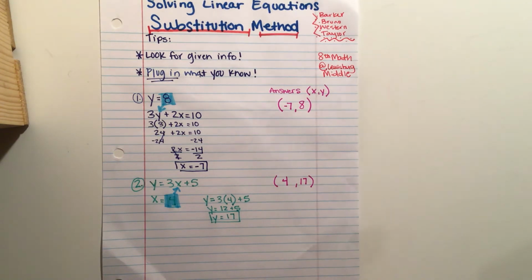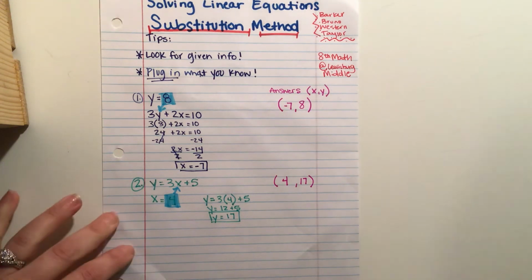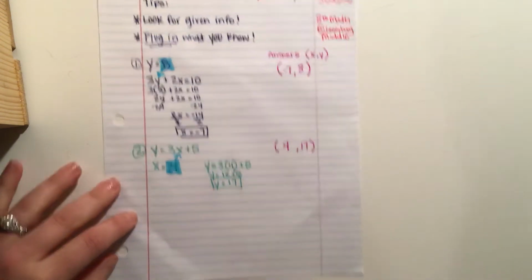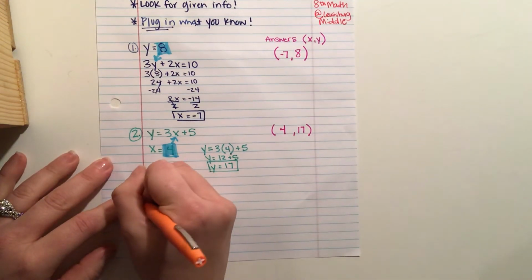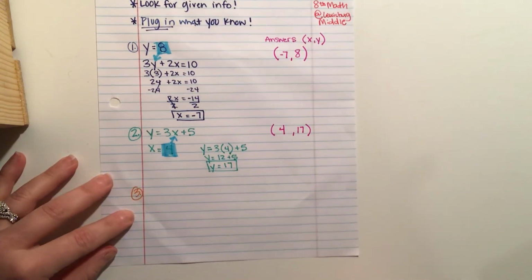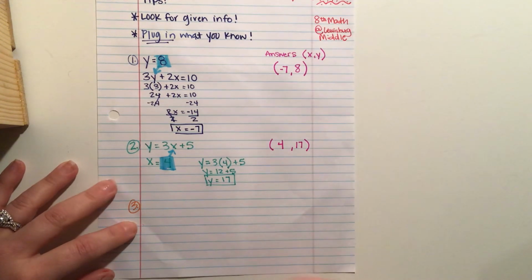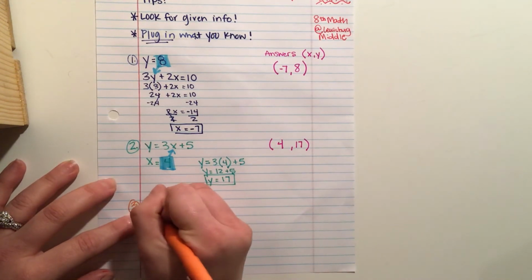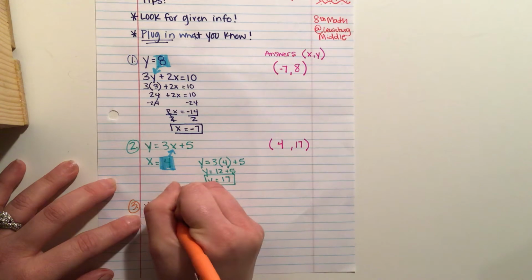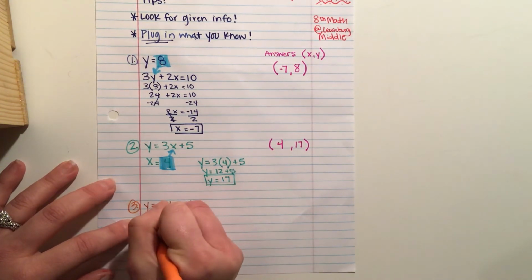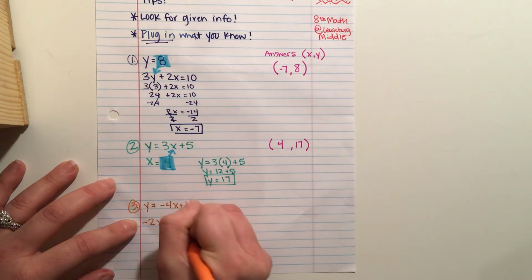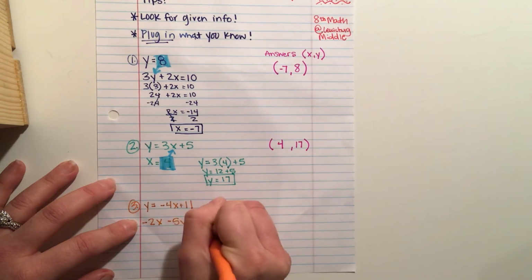Now, let's move on to a problem where the given information isn't just visible for you, and it's not just one simple number. Let's look at number 3. With number 3, we have y equals negative 4x plus 11 and negative 2x minus 5y equals 17.